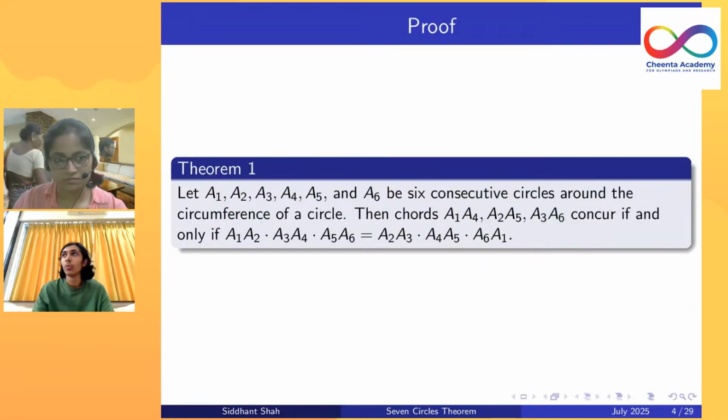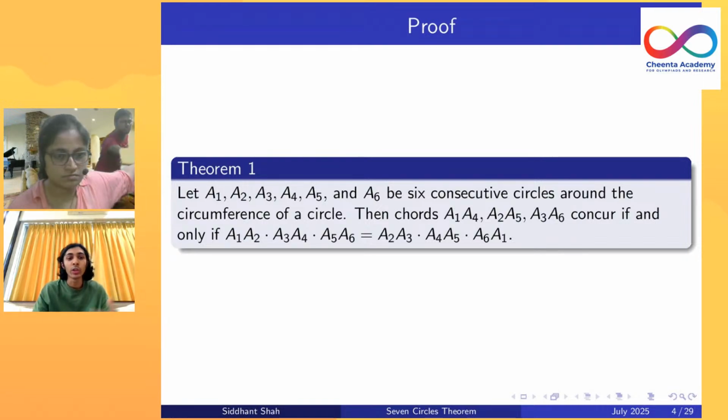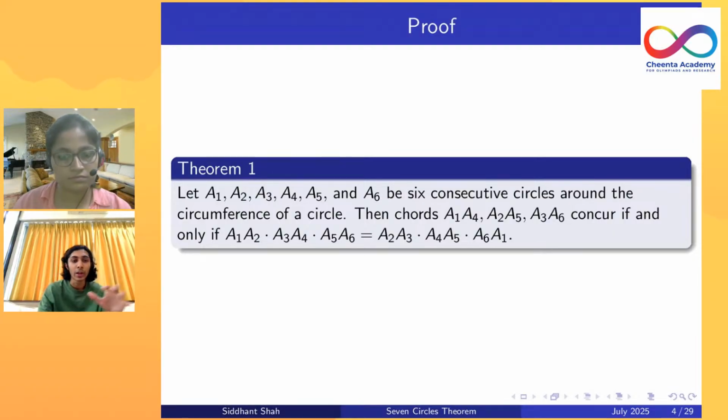I initially started this project by exploring the proofs which were already existing. I did a literature review, and I found that there was one proof which was quite prominent in Euclidean geometry for the Seven Circles Theorem. It is related to Ceva's theorem, where they have proposed one theorem based on which they completed their entire proof.